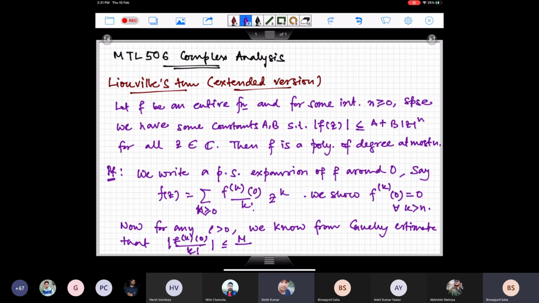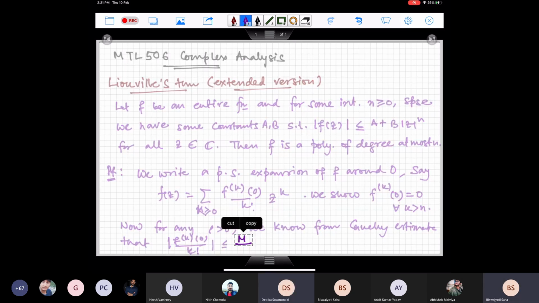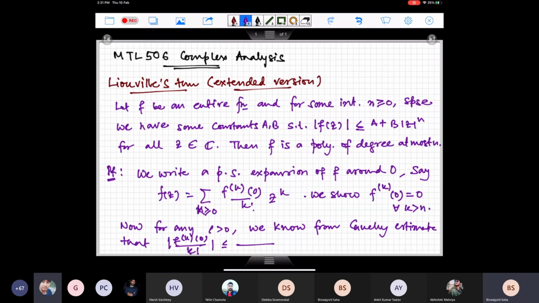So here it is rho to the power k. M was an upper bound, right? So here M is given by this quantity, a plus b times, and my mod z can be at most rho. So I can take this bigger than 1 even. So this is a plus b to the power rho to the power n.